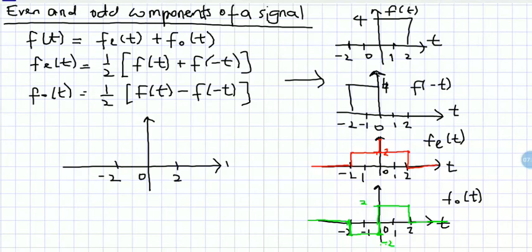So if you see these two signals, from left to right, as we approach minus 2, we have 0 and 0, so we have 0. Then at this point, we have 2 plus minus 2, so you have 0. So this one continues to be 2, this one continues to be minus 2, so we have 0.